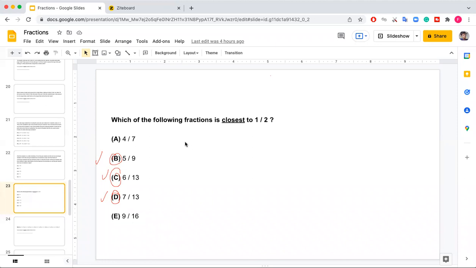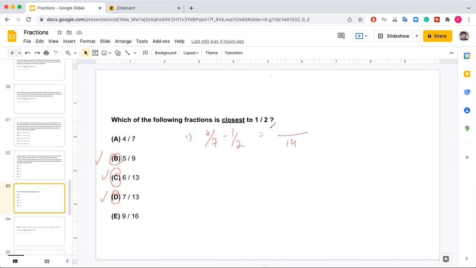So which of the following is closest to 1/2? One approach is to just see the difference of both. Whenever the difference is least, that will be closest. For example, the first one is 4/7. So 4/7 minus 1/2. What will be the LCM? That is 14.